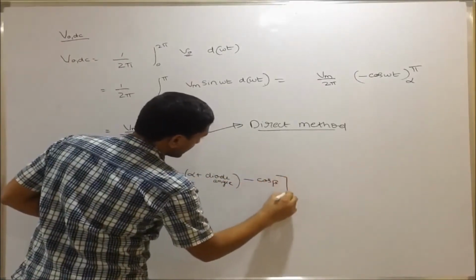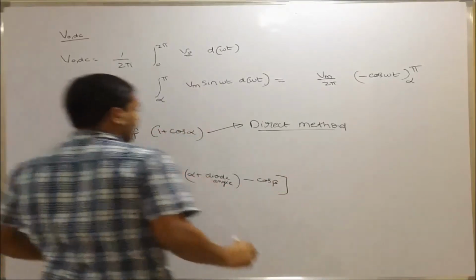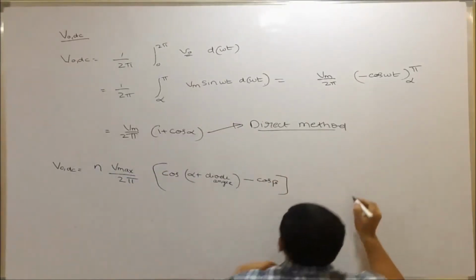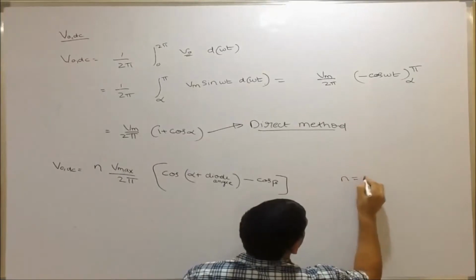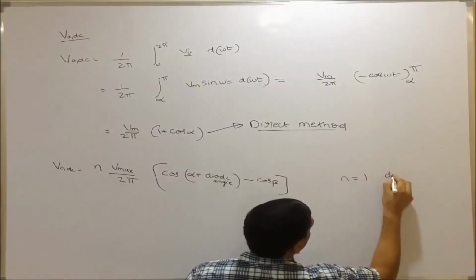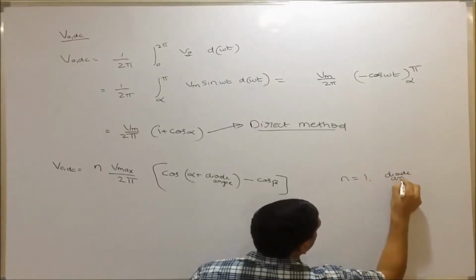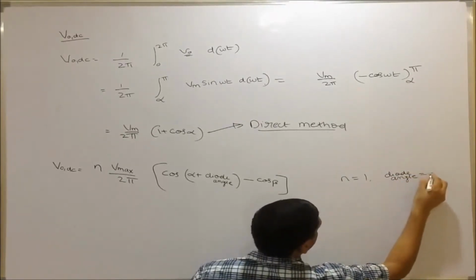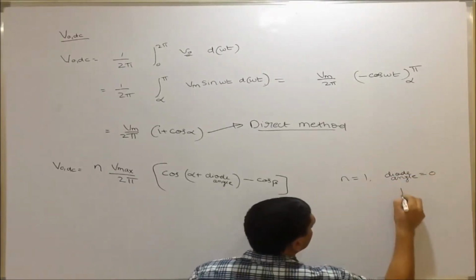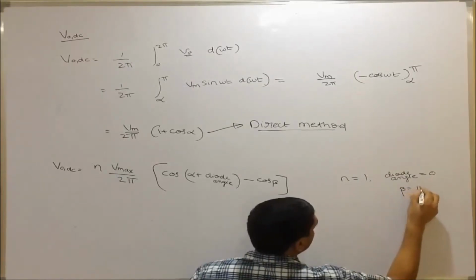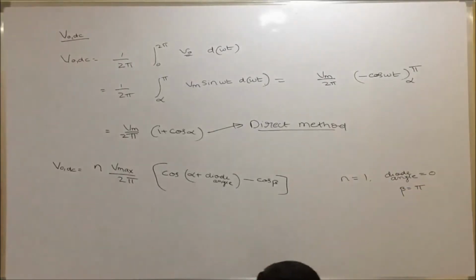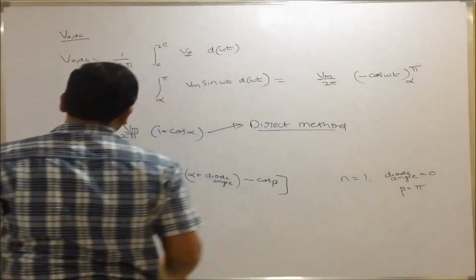Now you take the substitution. Here the n is 1. The moment n is 1, the diode angle is 0. The diode angle depends on n. Alpha, that is under my control, and beta is pi. Only these three parameters I have to know.